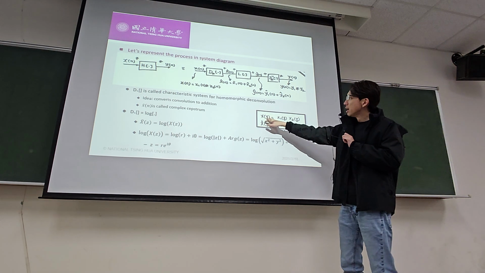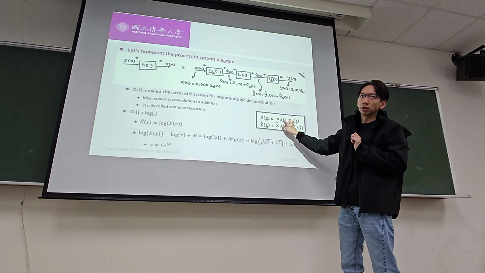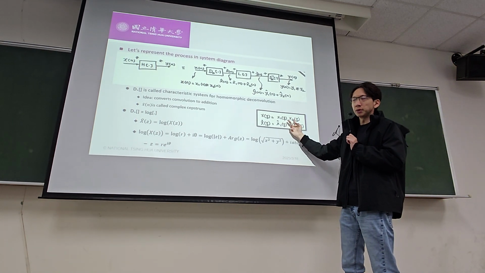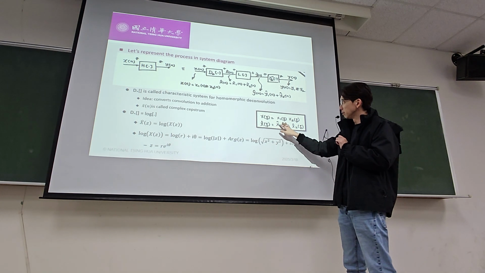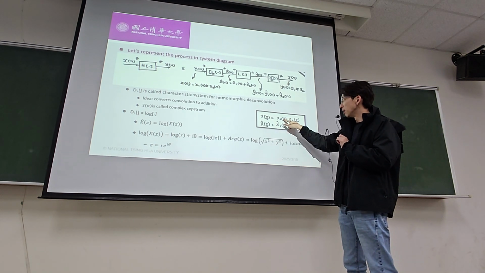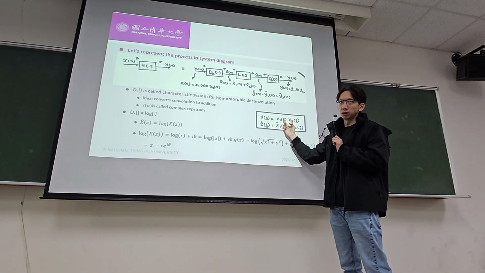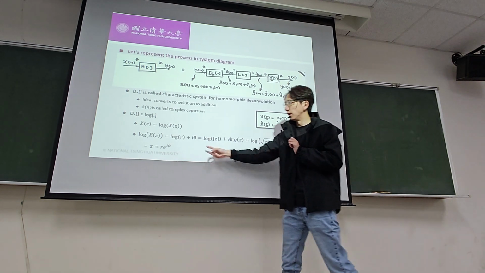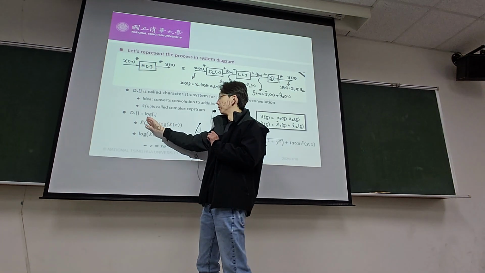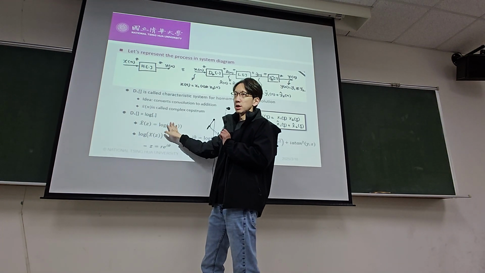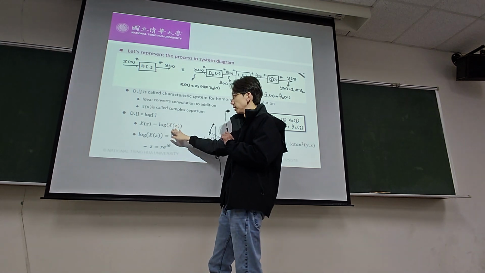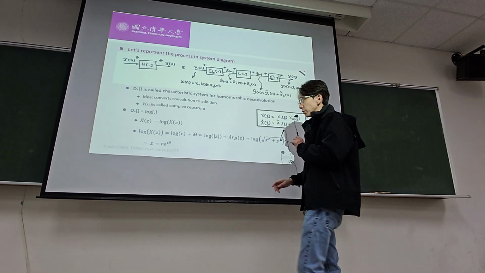But anyway, you have X(z) as the multiplication of these two things, because the original was a time domain convolution. We want to make them into addition. How do I make things go from multiplication to addition? You just take a log. So that particular cepstrum domain is obtained by taking the log of the Z transform or spectrum transform of your original sequence.